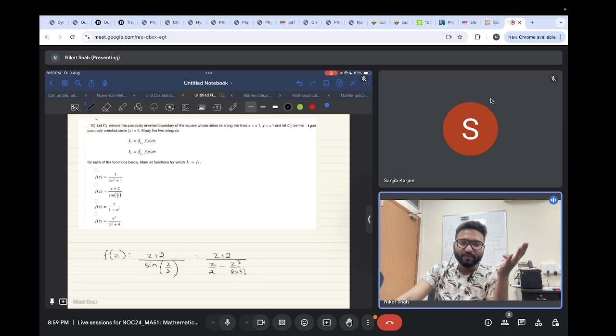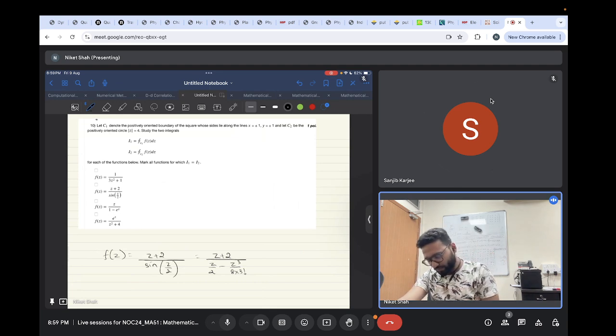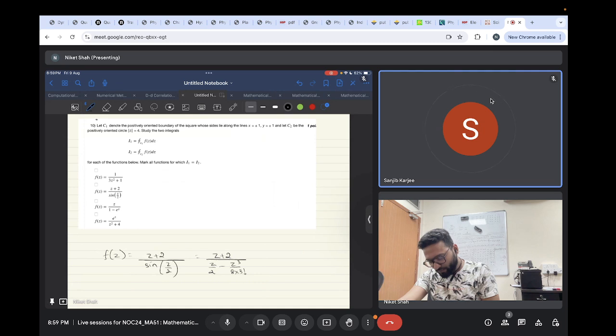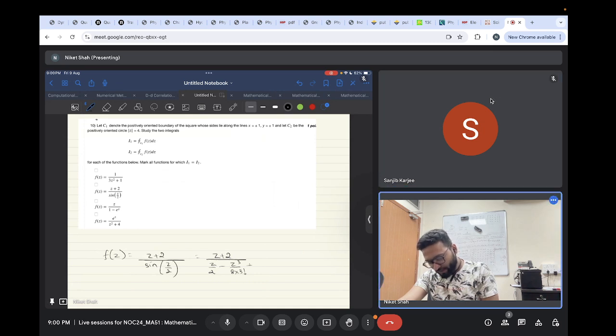It's z minus z cube by 3 factorial plus z power 5 by 5 factorial, etc. Agreed? So sine of z by 2 is z by 2 minus z cube by 8 into 3 factorial plus z power 5 divided by 32 into 5 factorial and so on.